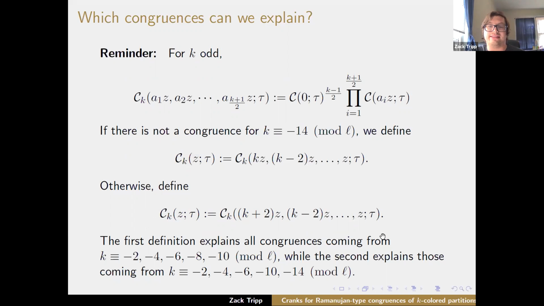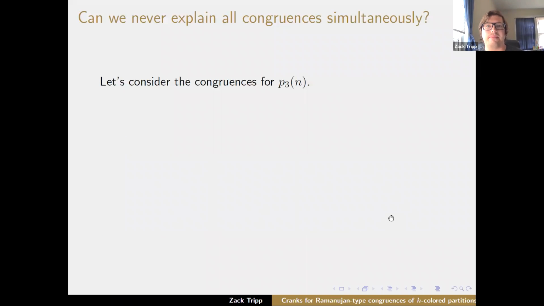On the other hand, this other family explains all the congruences except when k is congruent to minus 8. So maybe in some sense this is analogous to ranks, where it explains all but one of the congruences.